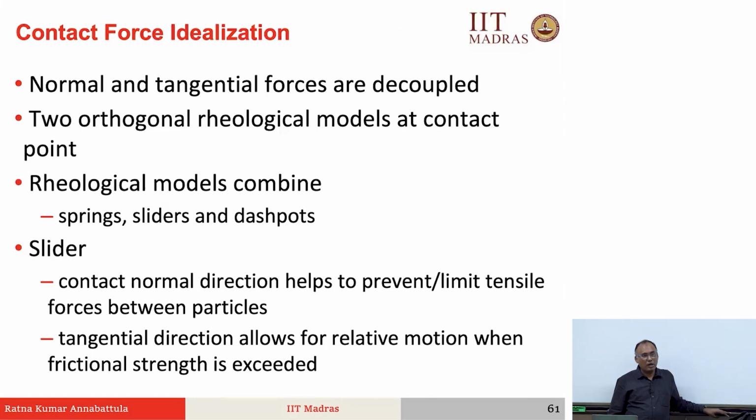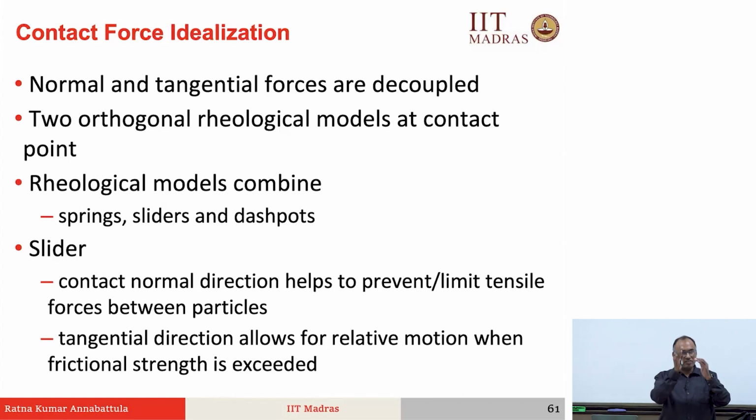That is true, but when I say decoupled in the rheological model, I am talking about the spring in the tangential direction. When you are doing Hessian contact, mu times Fn is the limiting force. Before that, your tangential force comes from the tangential spring stiffness.